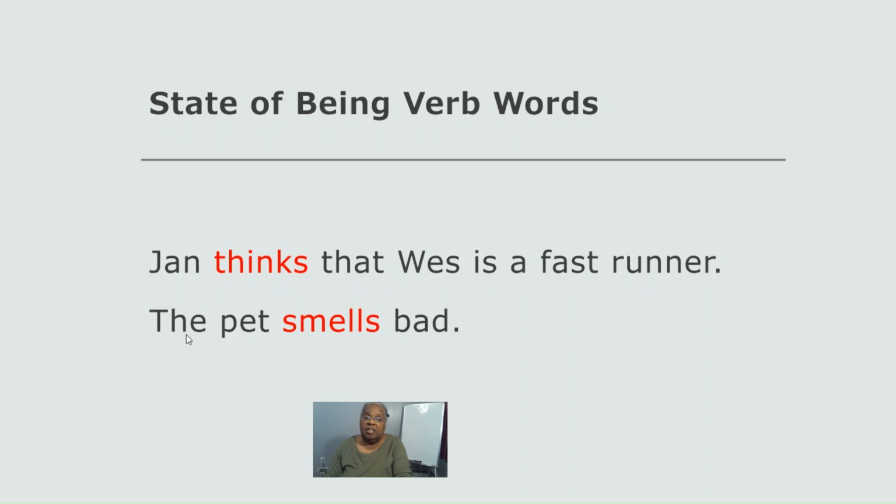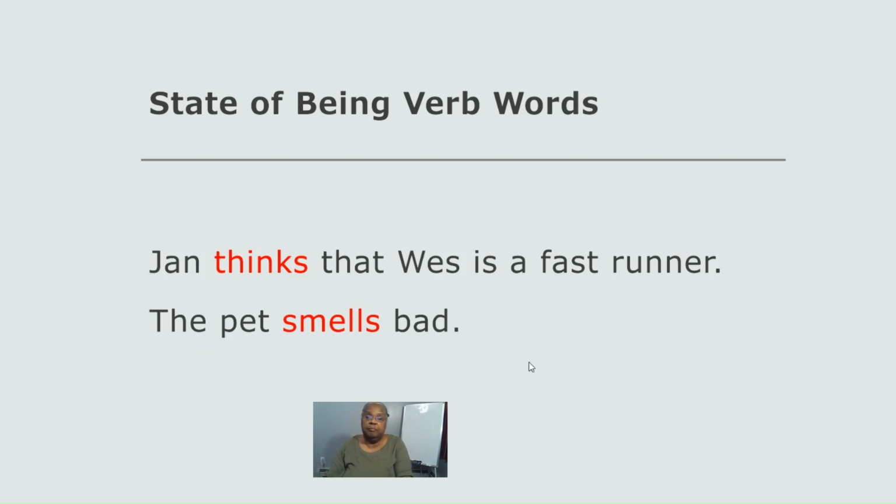The sentence, the pet smells bad, uses the verb smells to show that the pet has an odor. These sentences both use verbs as a state of being to provide more information about Jan and the pet instead of expressing an action that they both did.